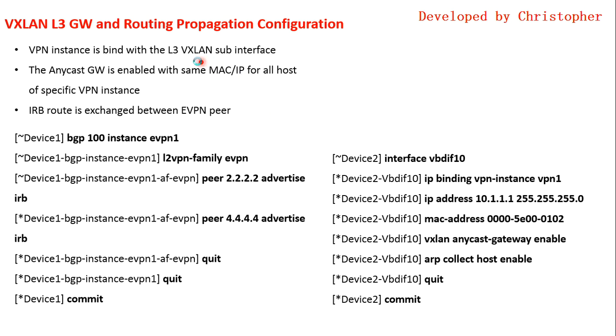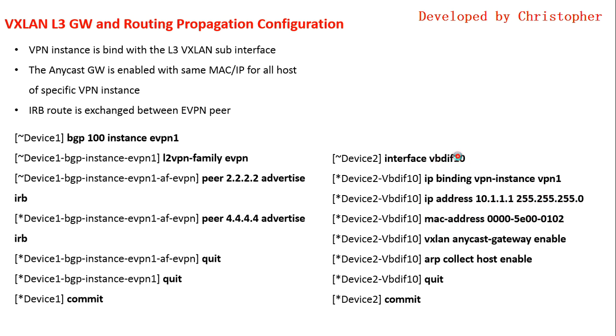Because this layer 3 VXLAN subinterface is called the VBDIF, this one, we will apply one IP address. For example, interface VBDIF10, ip address and so on. Okay, the Anycast Gateway is enabled with the same MAC and IP for all hosts here, as you can see.